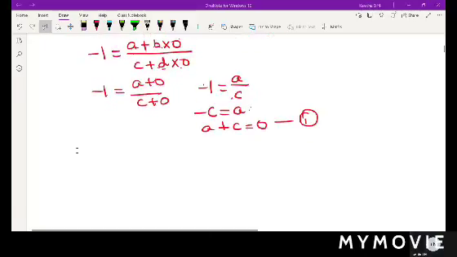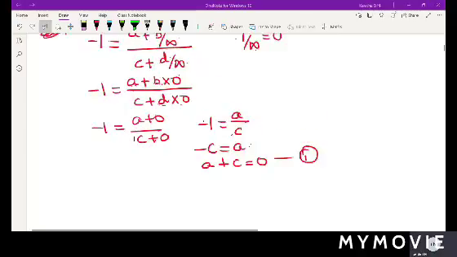Then next, take z is equal to i and w is equal to minus i.